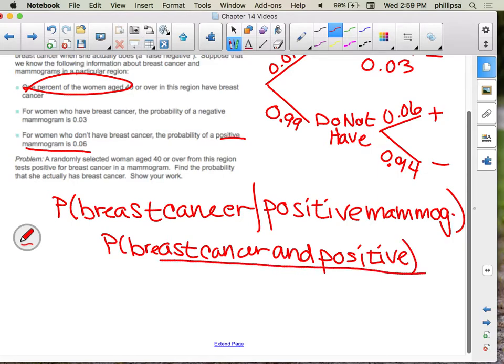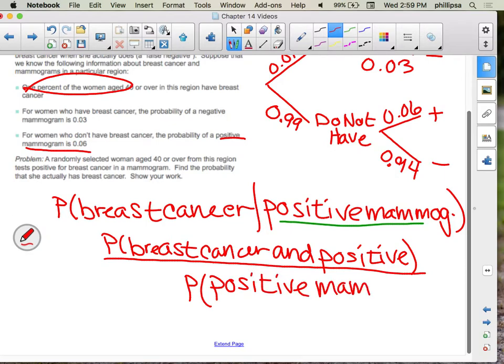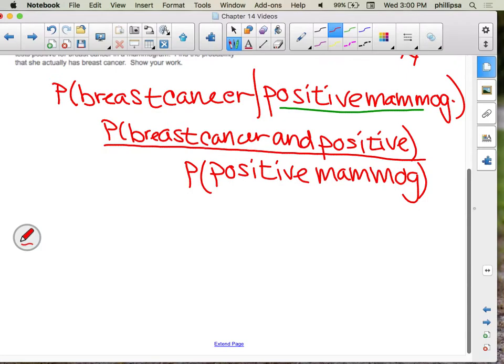Okay, and then we always put it over the probability of the condition. So the condition is that it's a positive mammogram. Okay, which is going to be looking at all the positives and seeing what that ends up to be, or that positive top and then the top of the bottom.